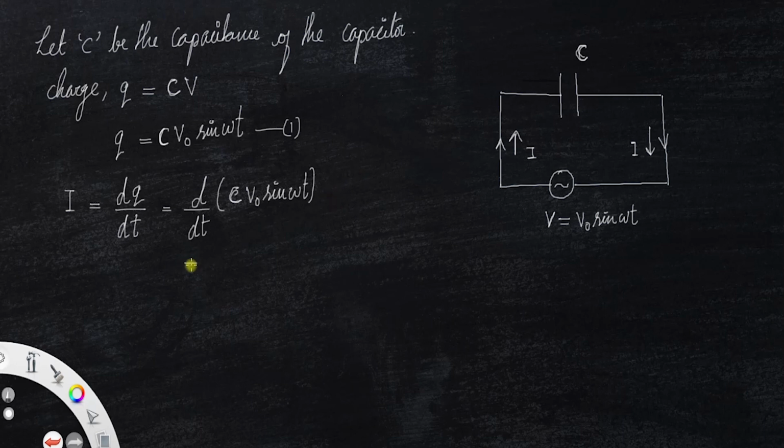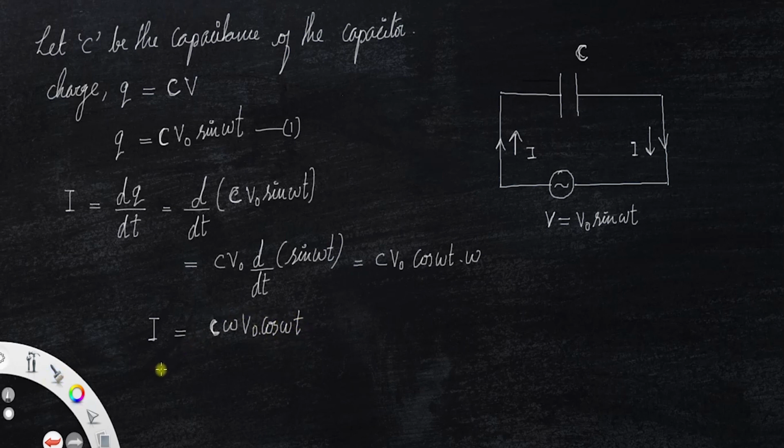Since the capacitance and peak voltage are constant, you can take them out: CV0 d by dt of sine omega t, which is equal to CV0, derivative of sine is cos omega t into omega. Clear? So the current is equal to C omega V0 cos omega t.